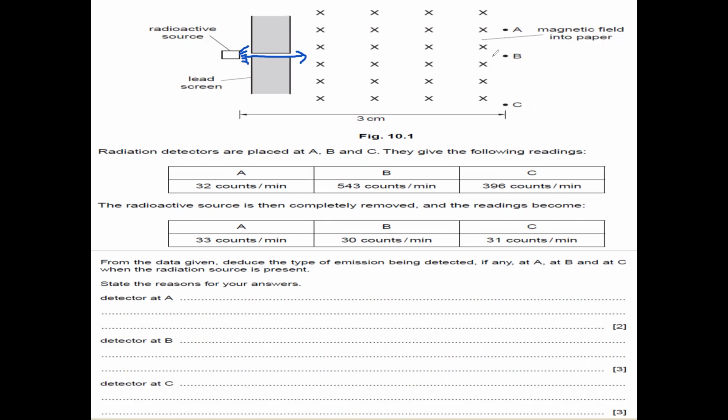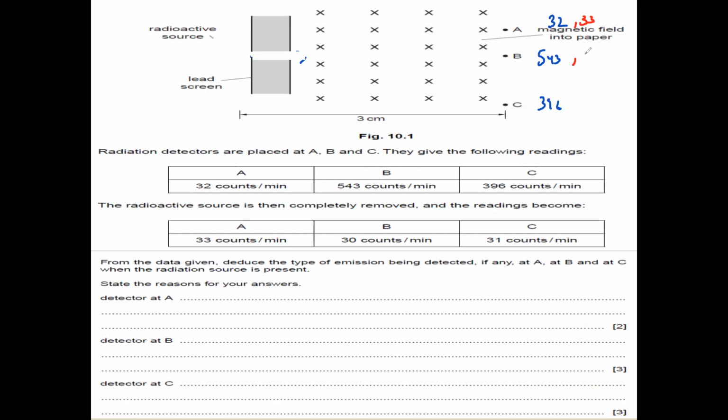When the source was placed in front, at A we were getting 32 radiations. At B, we are getting 543 radiations, and at C, we are getting 396 radiations. But when we remove the source, there is no source placed here. If there is no radiation from the source, what we get: it remains 32 or 33.